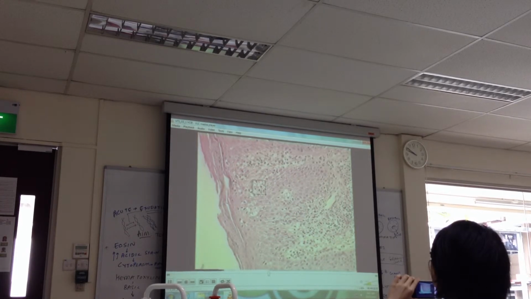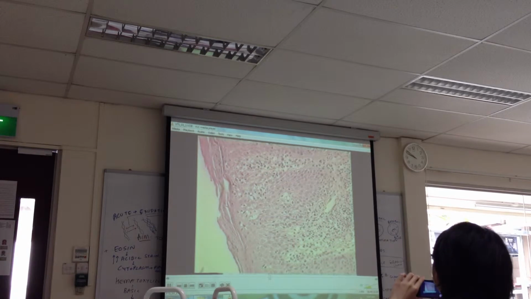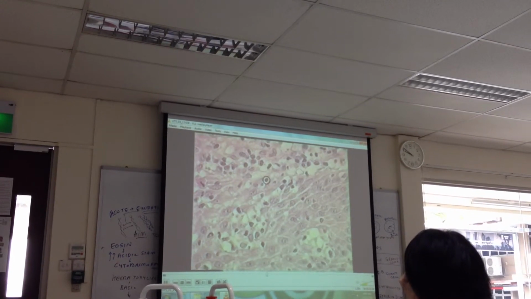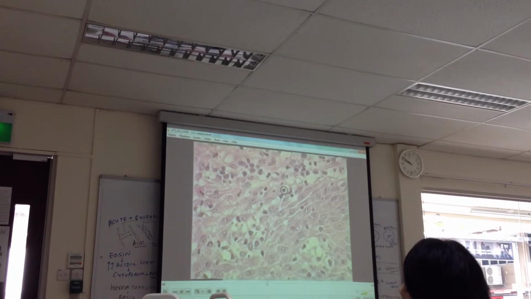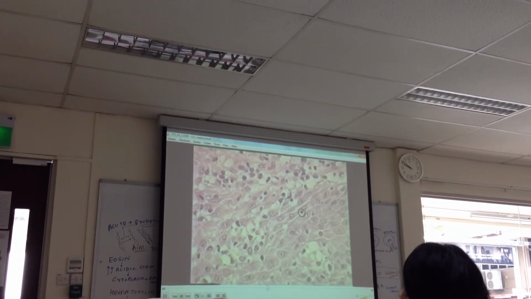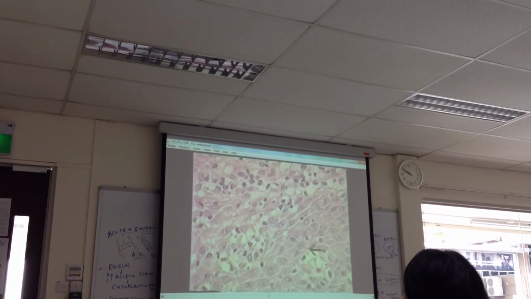We're going to look at this area more closely. These are lymphocytes among the epidermal cells. And spaces due to edema.